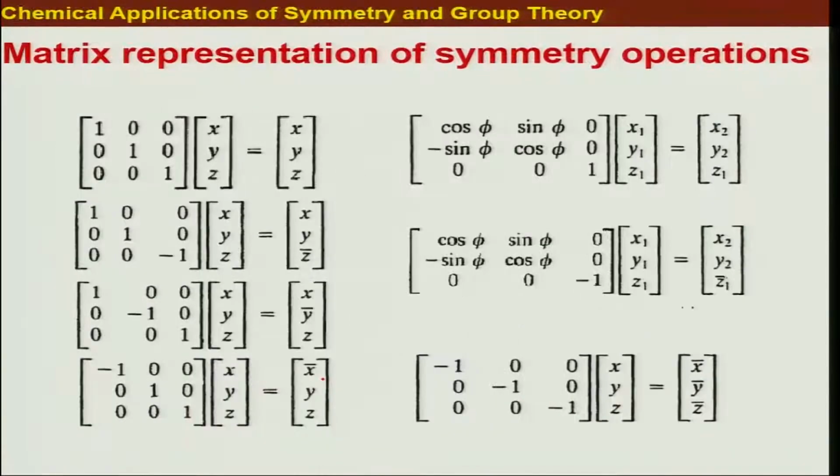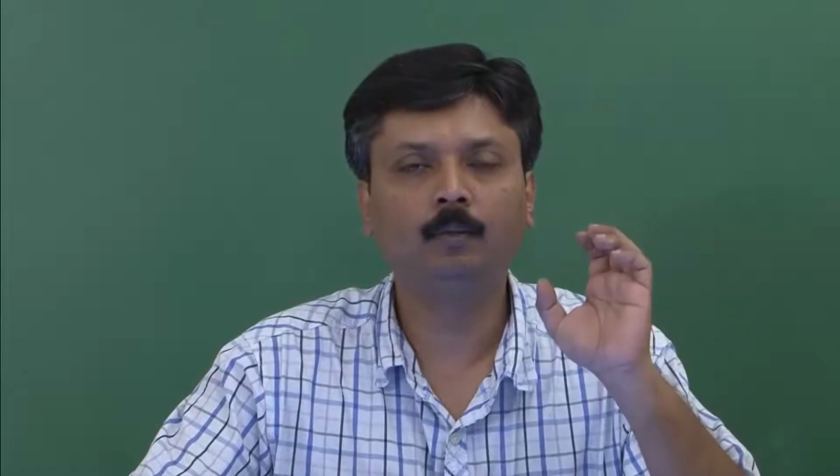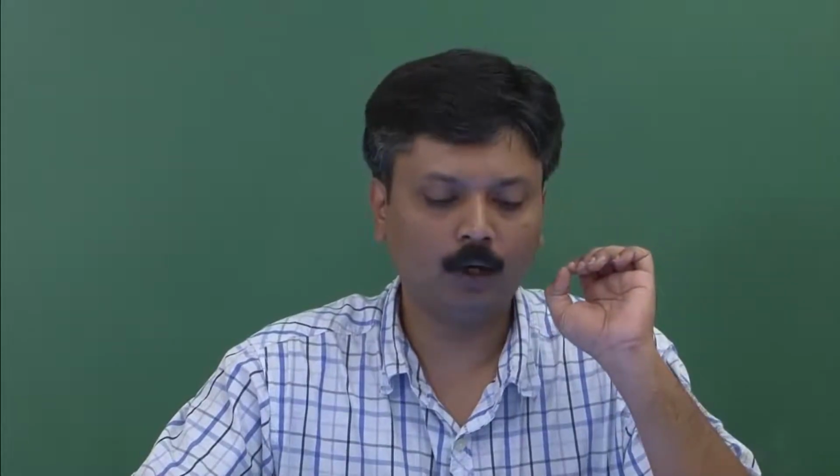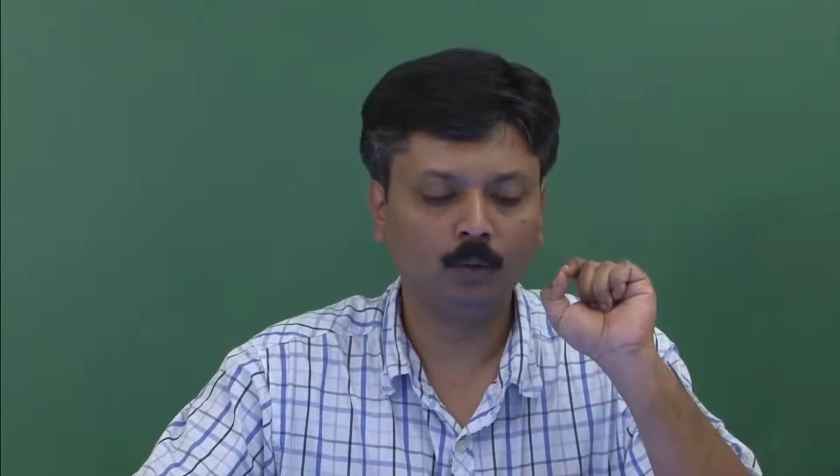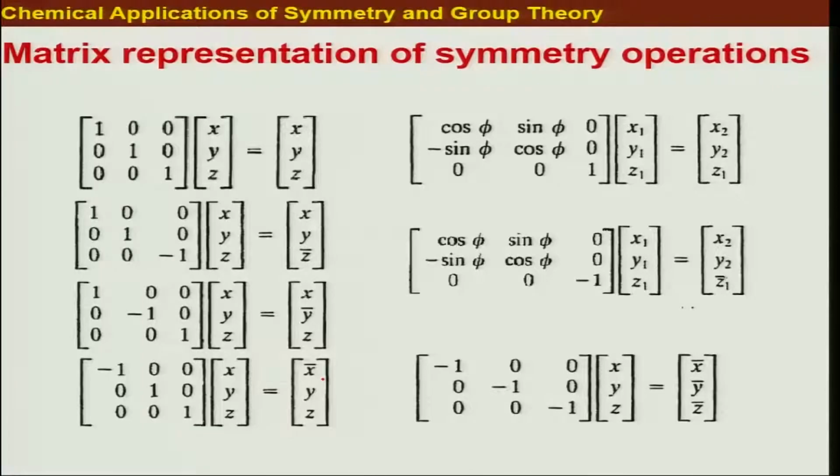Now, after we formed these representations, we can cross check whether these representations are capable of acting just like the symmetry operations themselves. So we used x, y, z as the basis functions. So if we form a column vector by taking this x, y and z and then operate these matrices on that, we will find what will be the outcome.